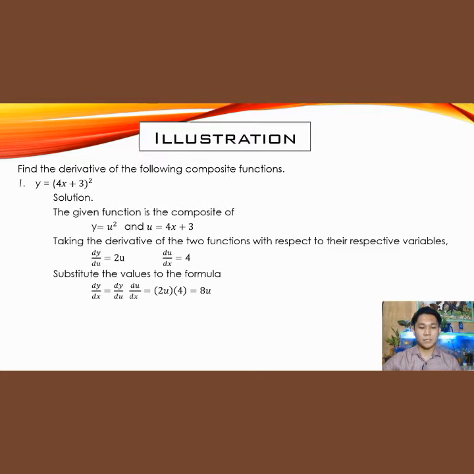Our formula is dy over dx equals dy over du times du over dx. Now, it will become 2u times 4 equals 8u. Write in terms of the original variable x. dy over dx is equal to 8 times 4x plus 3. Then simplify, and the answer is 32x plus 24.